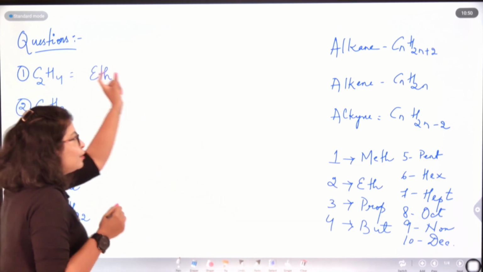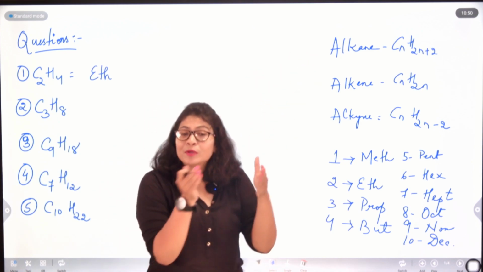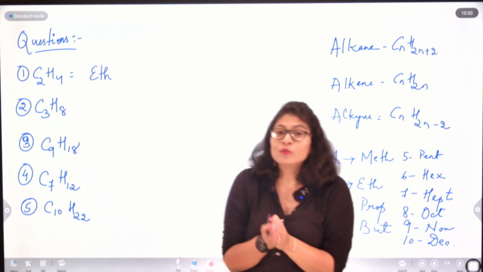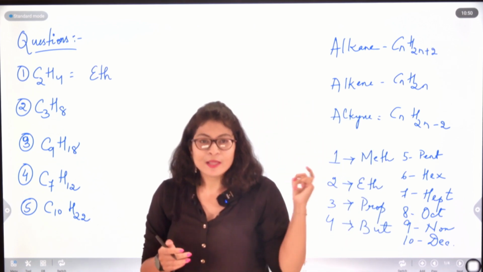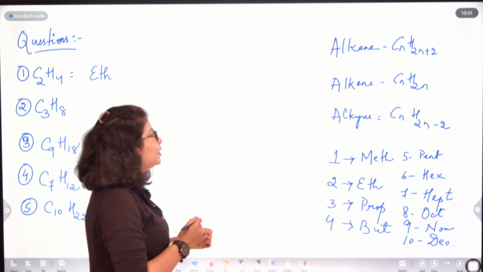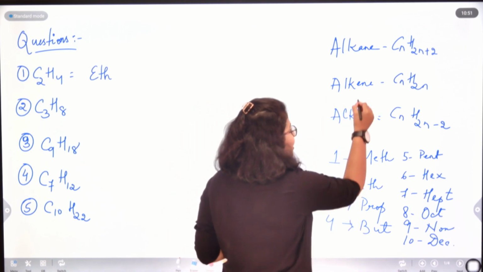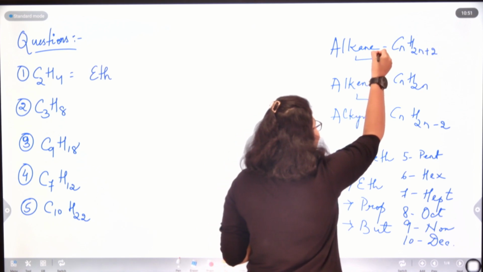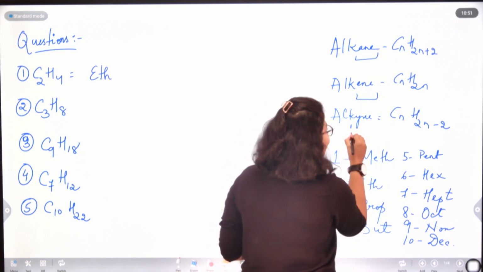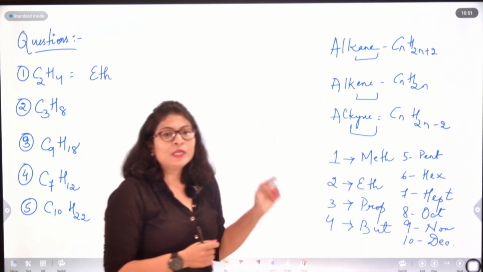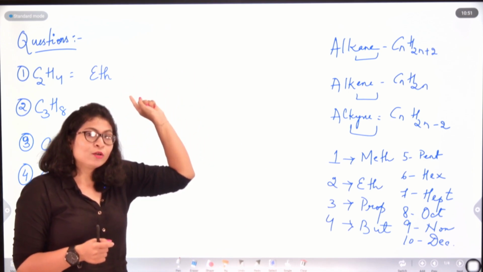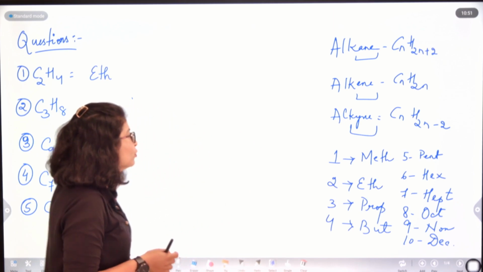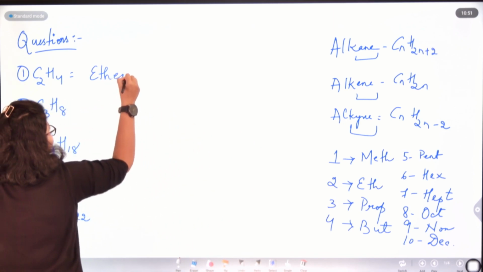Now, after that, we had to write the suffix, and the suffix was determined by the homologous series that particular compound belongs to. If I am taking alkene, then the suffix I was supposed to write was ene. For alkane, it was ane, and for alkyne, it was yne, right? So, if this belongs to the general category of alkene, and I already got the word root as eth, the word will be ethene.